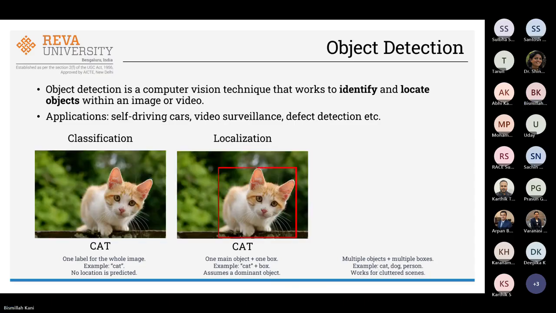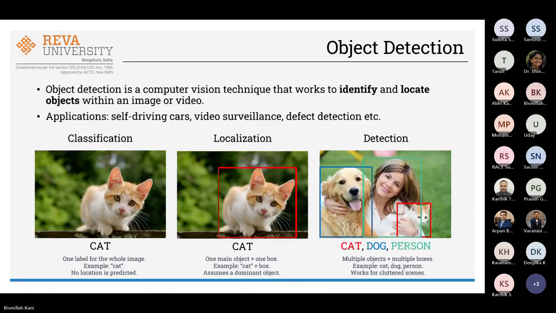Okay. So object detection is another type of computer vision technique or use case that works to identify and locate objects within an image or video. If you compare this with our last week's computer vision technique, image classification, as pointed out in the left-hand image, it just tells there is one label for the whole image.